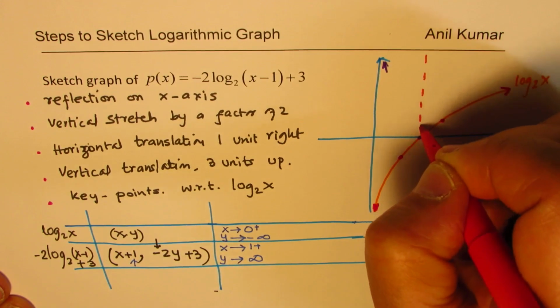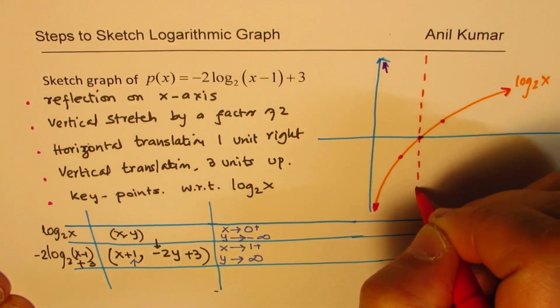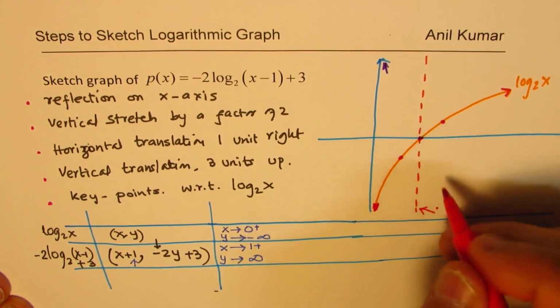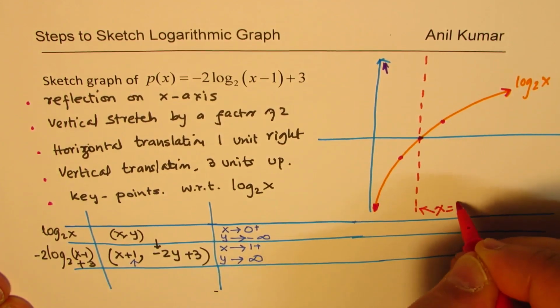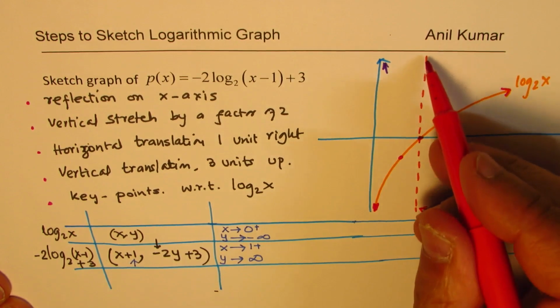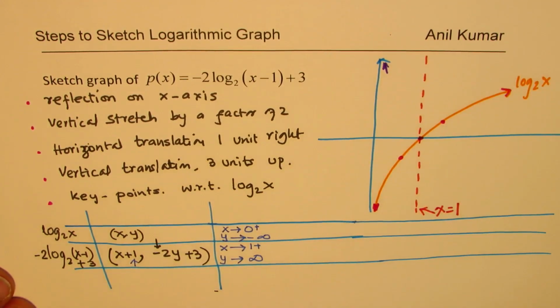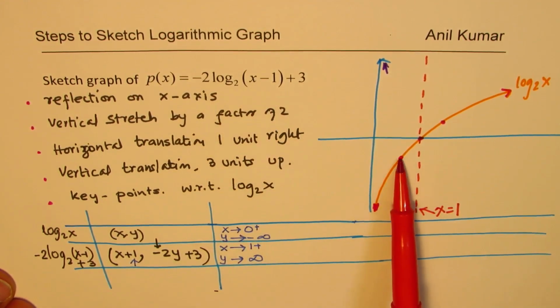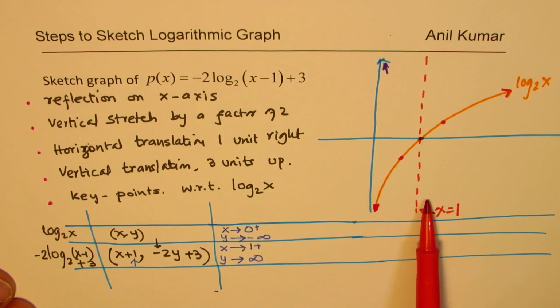So it moves here. So this is the value which is now equal to x equals 1. So your graph is on the right side of this red line, and that is your vertical asymptote. Does it make sense to you? So this 1 actually shifts all these points by 1 unit to this side. Does it make sense to you?